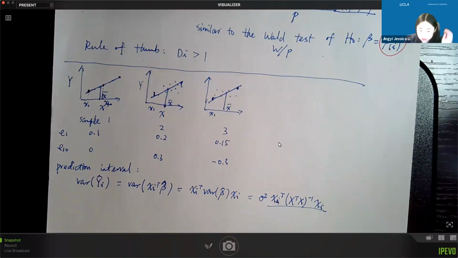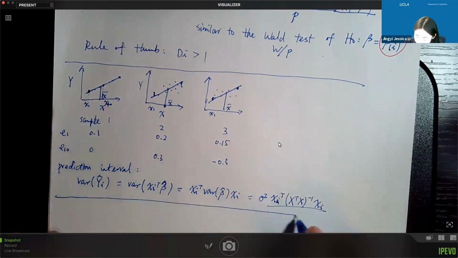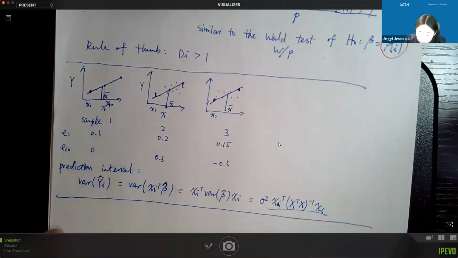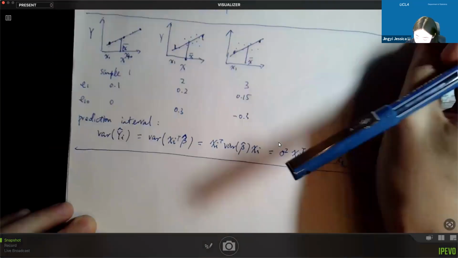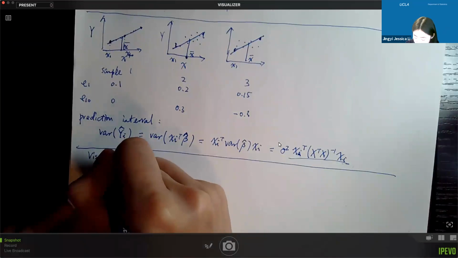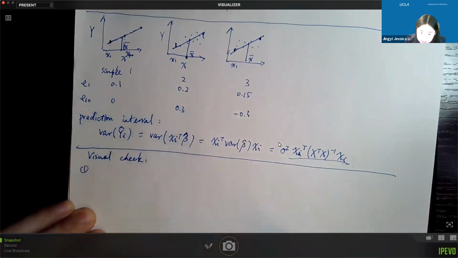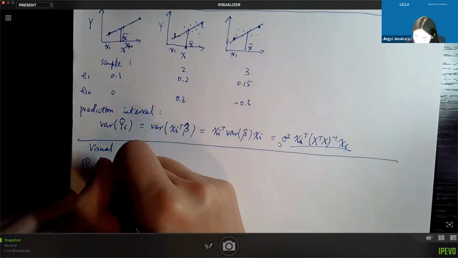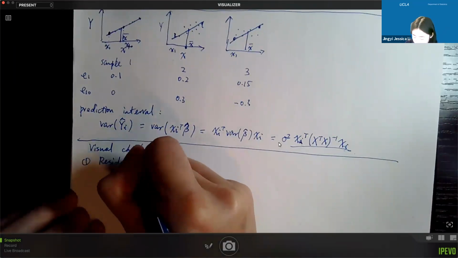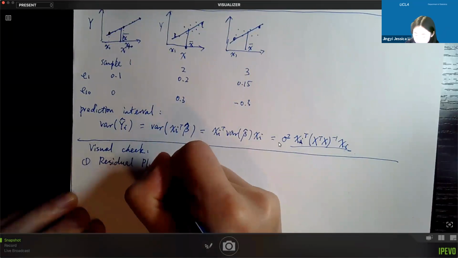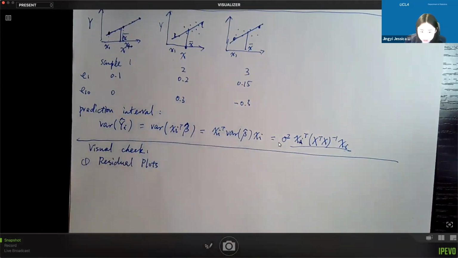So today we're going to give you two visual checks about how the linear regression fits. These are some graphics that are very useful. The first one is what we call the residual plot, which is also what R can return to you if you just plot a linear model object.